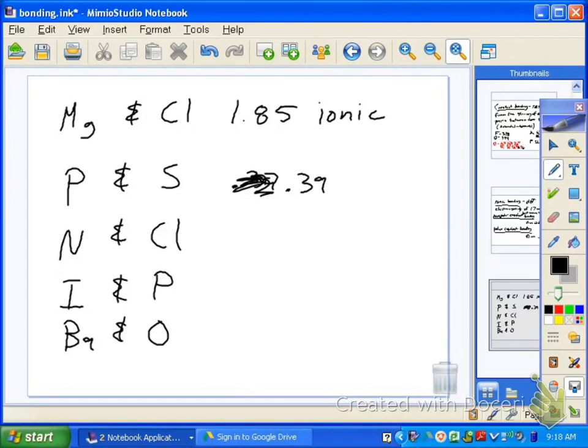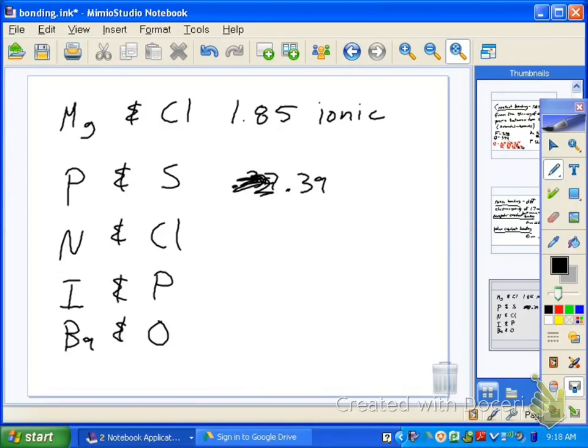Now, what is the cutoff between nonpolar and polar? 0.3. Right? 0.3 is the cutoff. What if it's 0.3? Okay, that's a good question. You would say either polar or nonpolar, and then have your answer there, because it's right on the line, 50-50. What are you going to do? Which one is it?